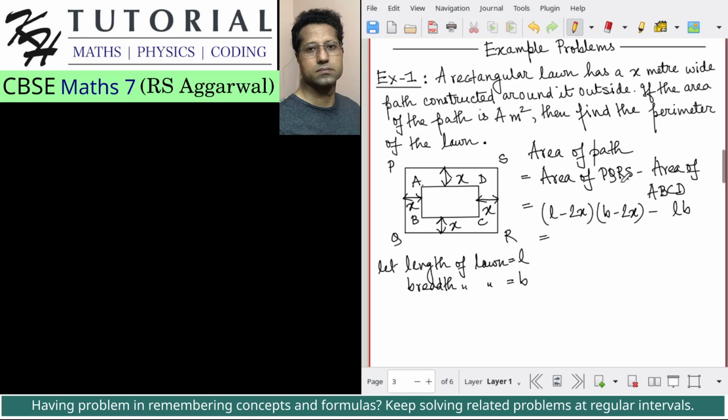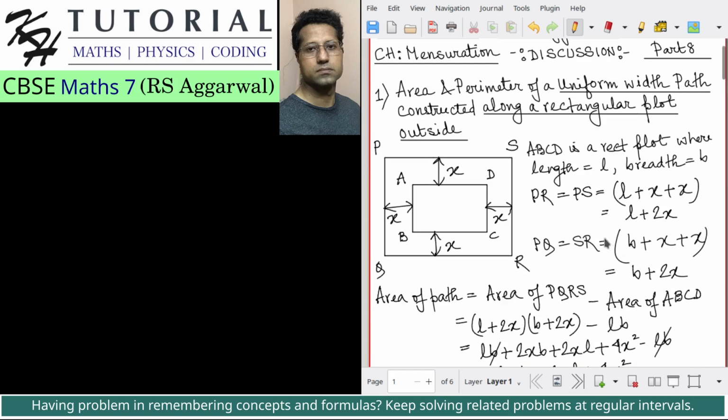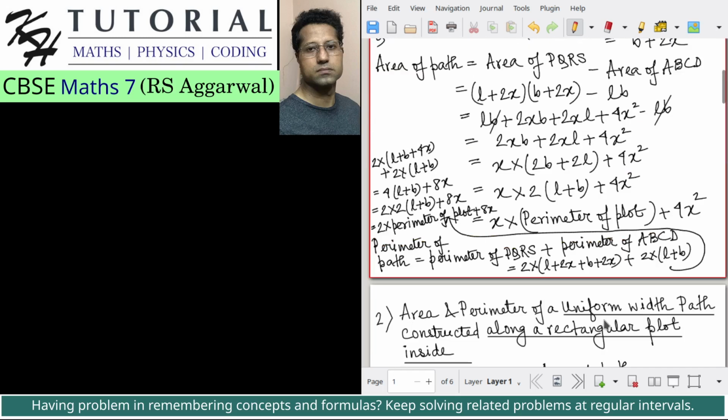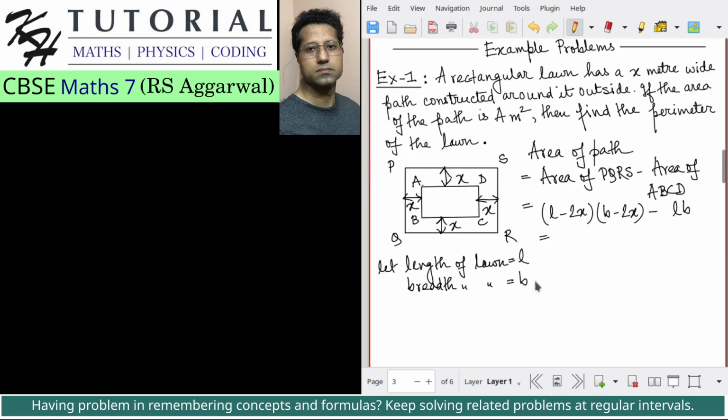This is the same exact calculation we did while I was explaining how to find the area and perimeter of the path when it is constructed outside the rectangular plot. Instead of applying the formula directly, I am solving the problem from scratch, that is, geometrically.